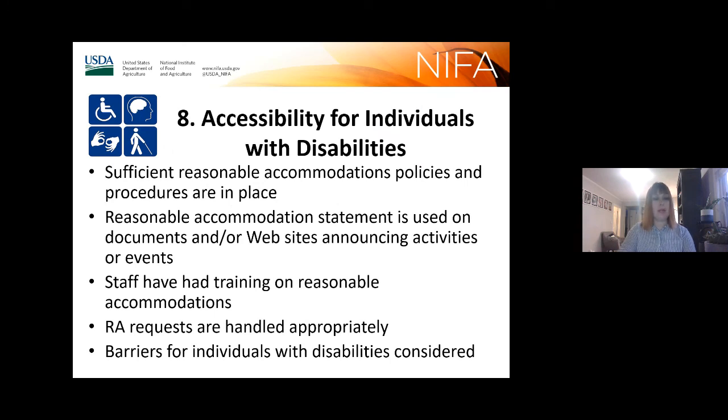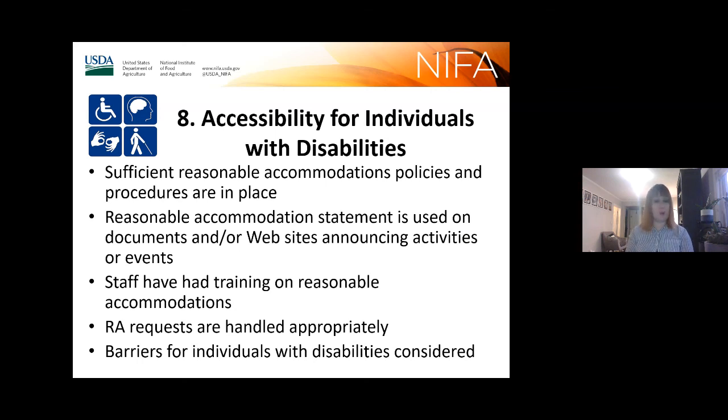Review area number 8 has to do with accessibility for individuals with disabilities. So you need to have sufficient reasonable accommodations policies and procedures for processing reasonable accommodations. You need to be using a reasonable accommodation statement on your website or documents, specifically those that announce activities or events that the public can participate in. Want to make sure that your staff have training on reasonable accommodations and accessibility for individuals with disabilities.